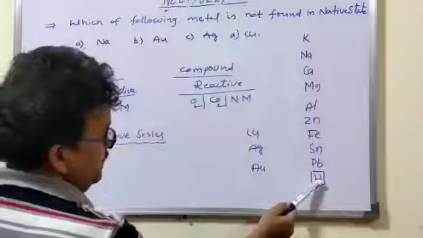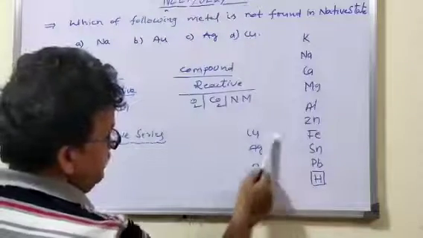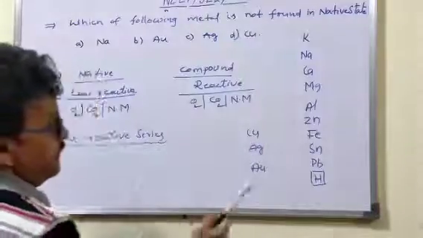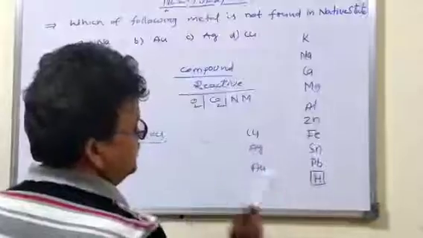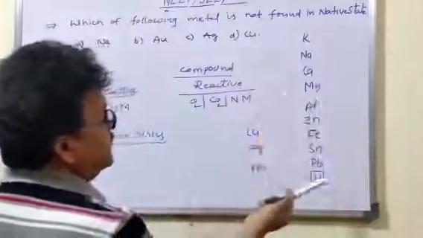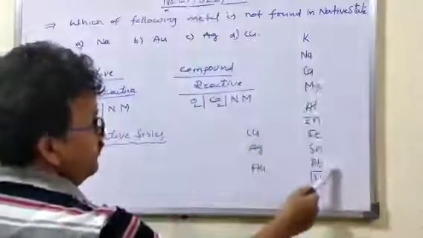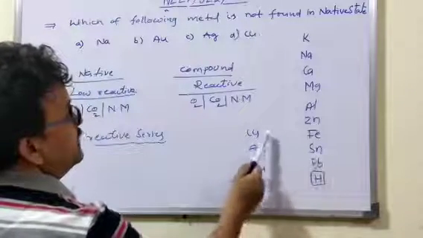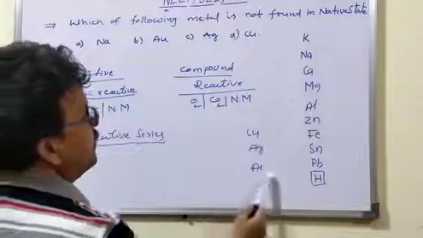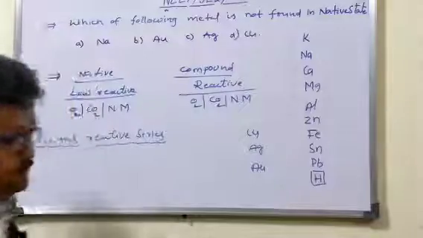So below the hydrogen are in native form, means free form. Above the hydrogen are in compound form. This is the trick to remember which are native. These all are in native, and this is in compound form.